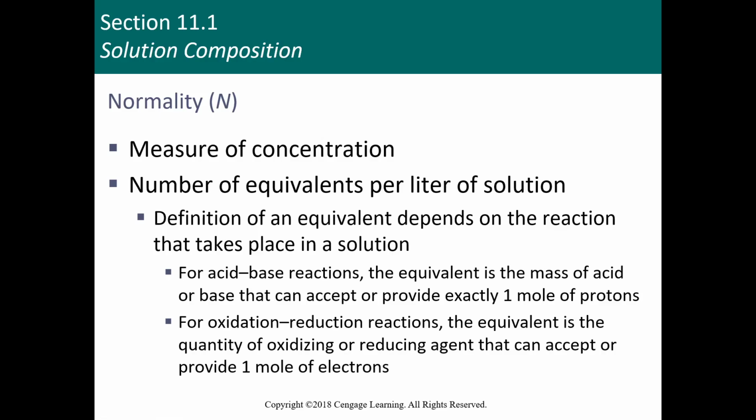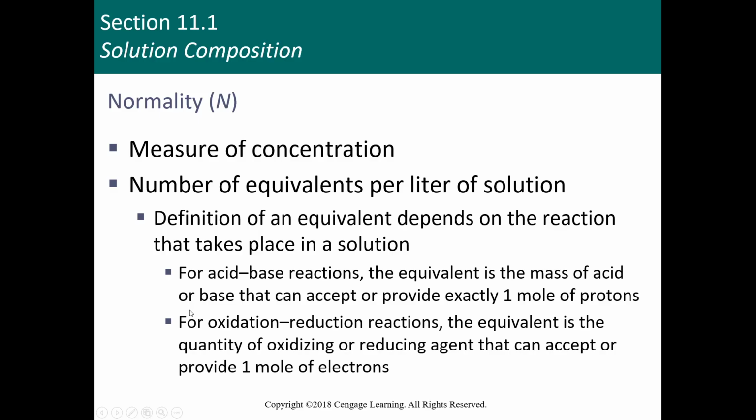Whereas your normality would be twice that, and so 2. So in the case of something like a diprotic acid, your normality would be twice your molarity. And that's because each mole of the acid gives you 2 moles of protons. Triprotic acid, it would be 3 times. So the normality would be 3 times what the molarity would be, and so on.